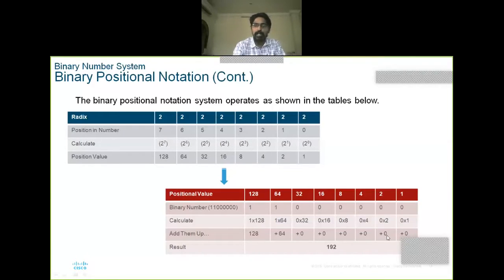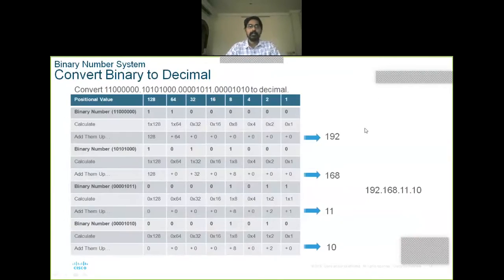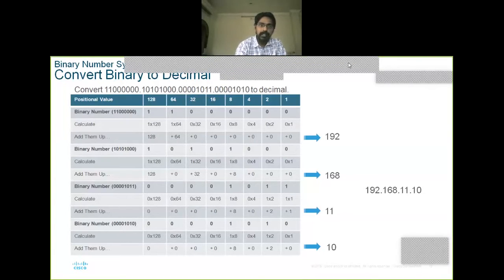So 2 plus 1 is 3. So the binary number 0 0 0 0 0 0 1 1 in decimal is 3. My point is, this is the way we can convert binary to decimal. Right. Next, convert binary to decimal. Same thing, they are provided with the calculations. So don't get confused. Same thing.